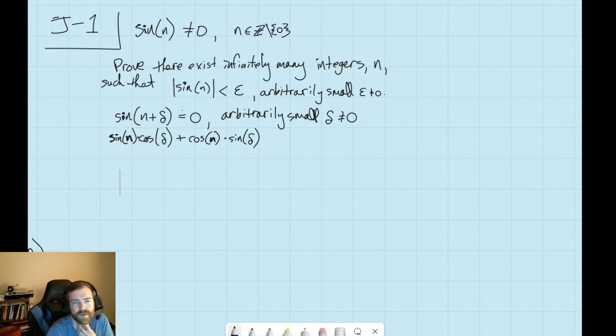Okay, so here the goal is that we're taking sine of n minus 0, our target.